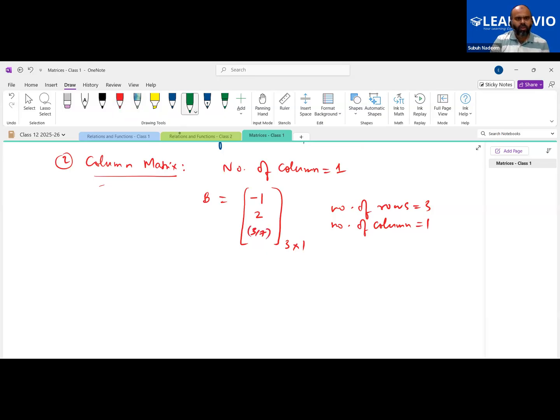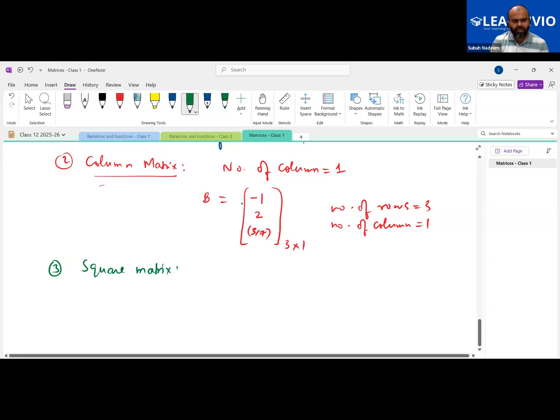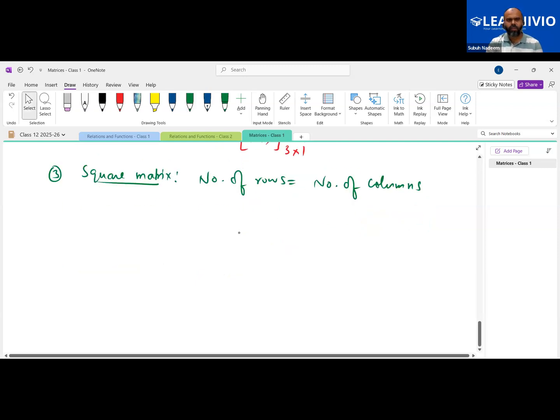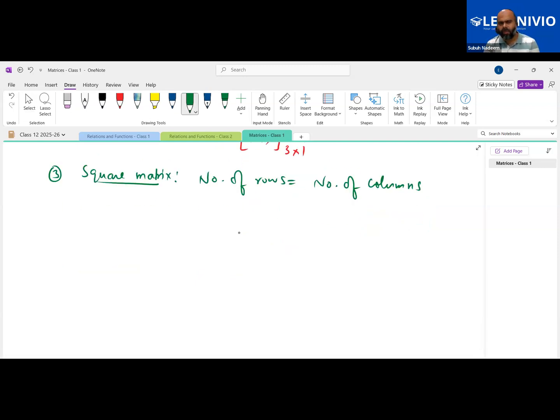Then we have something called a square matrix. If we say a square matrix, it means that the number of rows is equal to the number of columns. For example, the most common matrix which we will come across is the 3 cross 3 matrix. So I'm giving an example of a 3 cross 3 matrix.